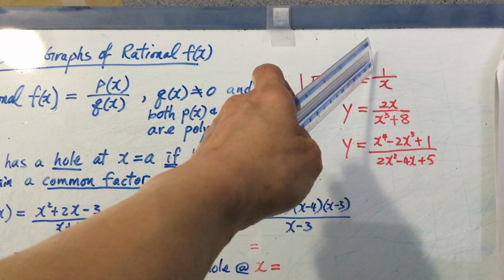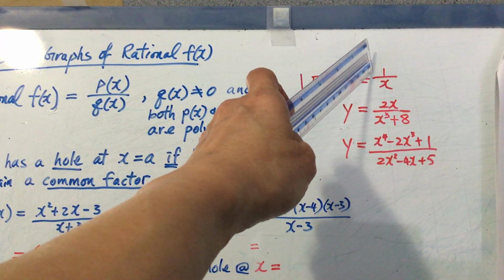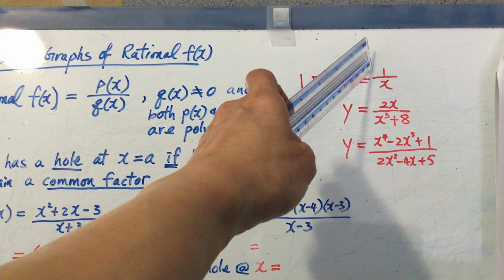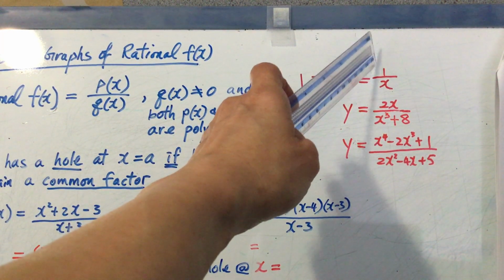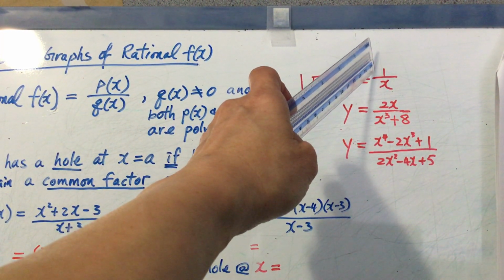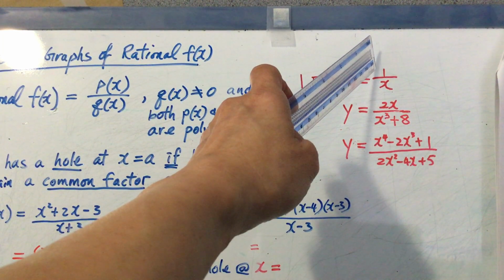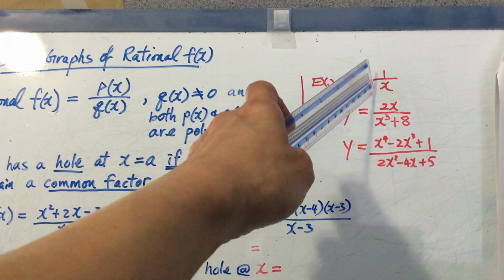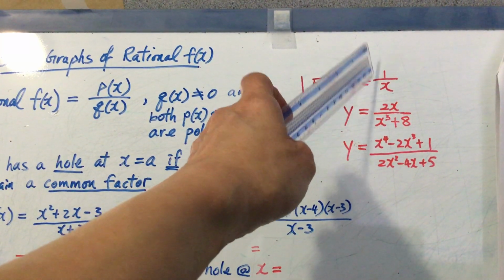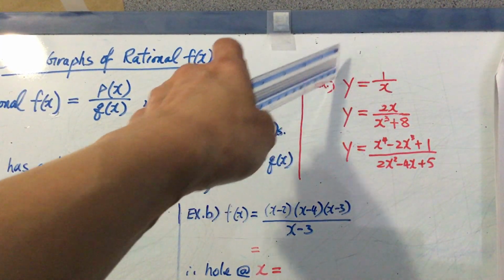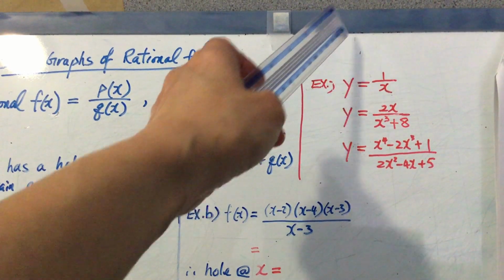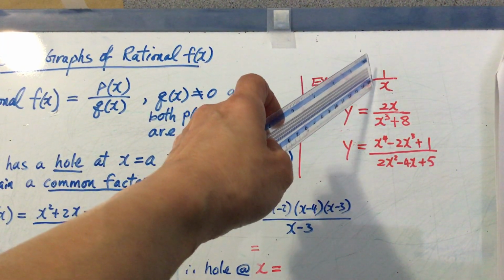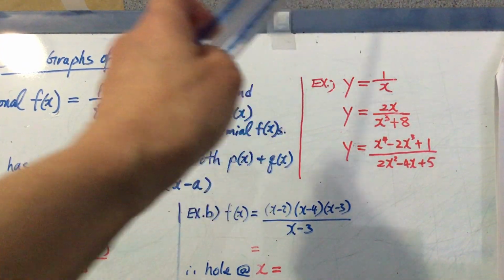The p of x, the numerator, is degree 0 because any degree 0 will give you a constant. So that's why the 1, in fact, is a degree 0 polynomial function. And the denominator, q of x, is equal to x, so x is degree 1. So the reciprocal function is a degree 0 divided by a degree 1. Okay?